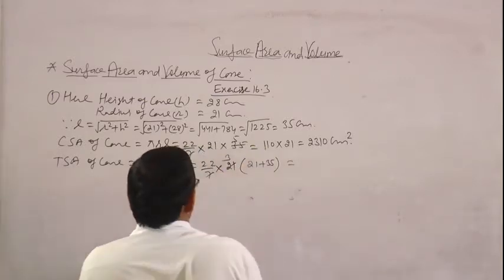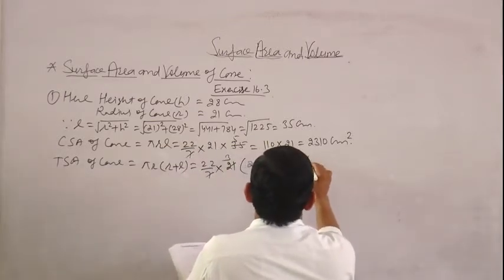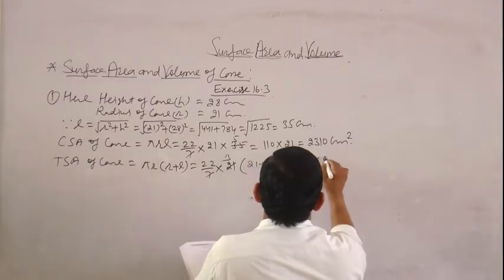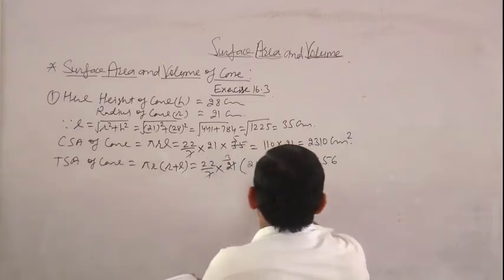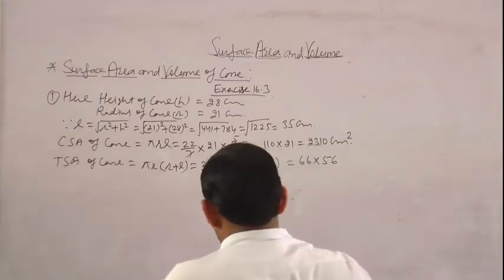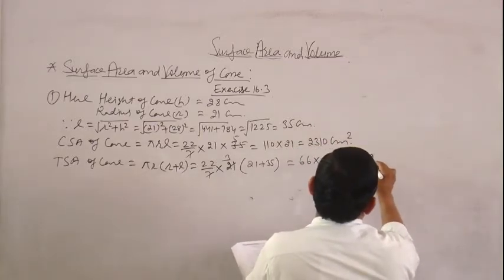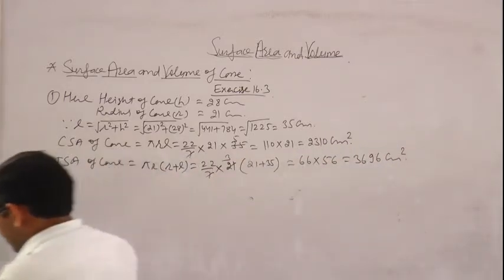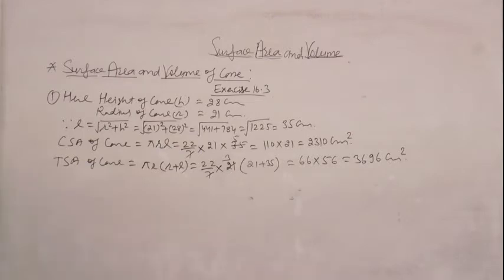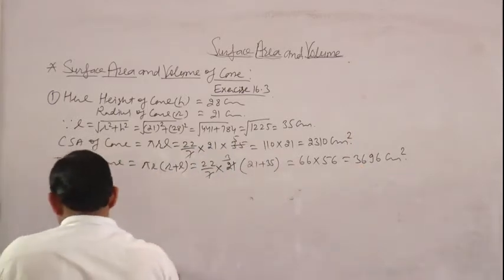Then 7 3s are 21, and 22 times 3 is 66, multiply 56, is equal to 3696 centimeter square. This is the total surface area of cone. TSA is 3696 centimeter square.